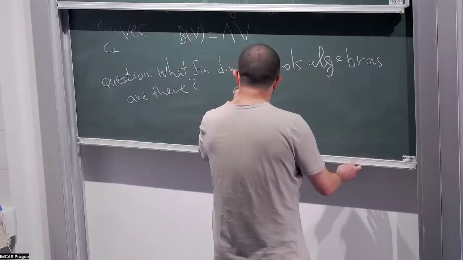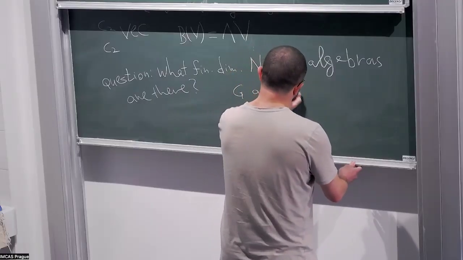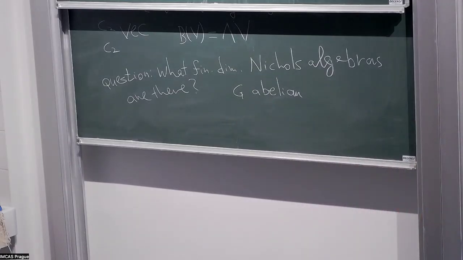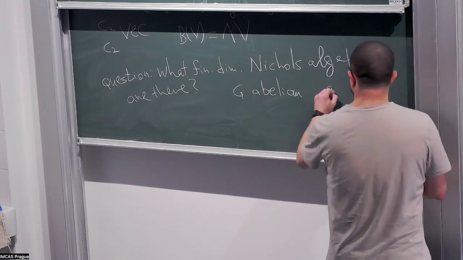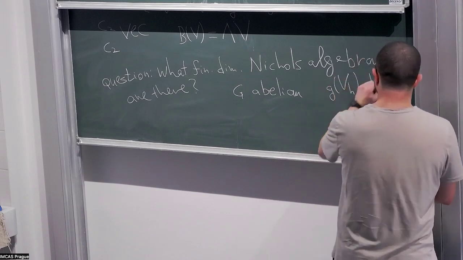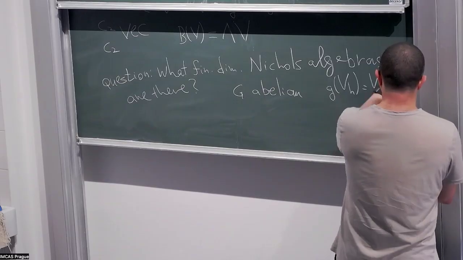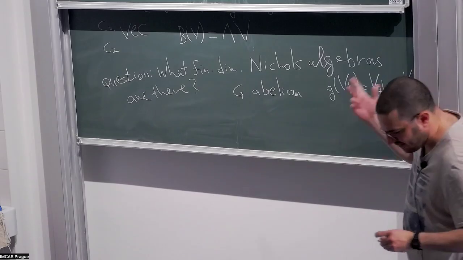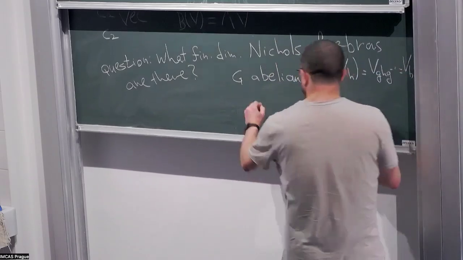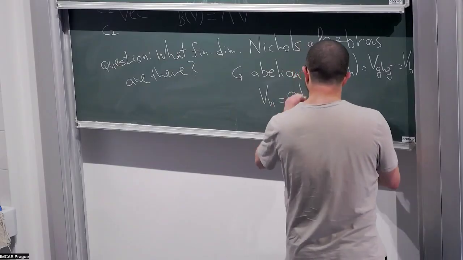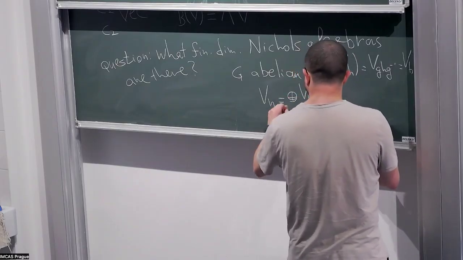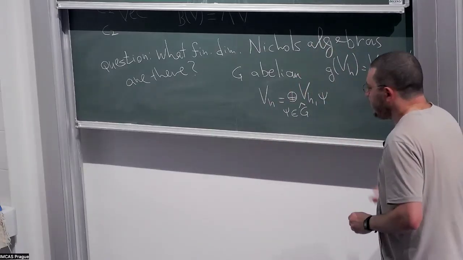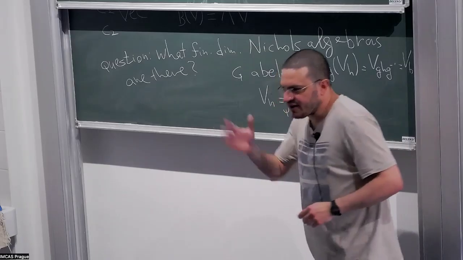So if we took the case that G is abelian, let's think about what it means in this situation. So if G is abelian, then I have the condition saying that G of V_H is equal to V_{GHG inverse}. But because G is abelian, I get that this is the same as V_H. So every V_H is a subrepresentation. So I can write this V_H as the direct sum of V_{H,Psi}, where Psi is some character of G. Because it's a representation, so I can decompose it.